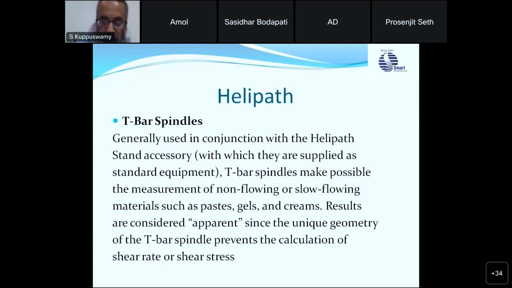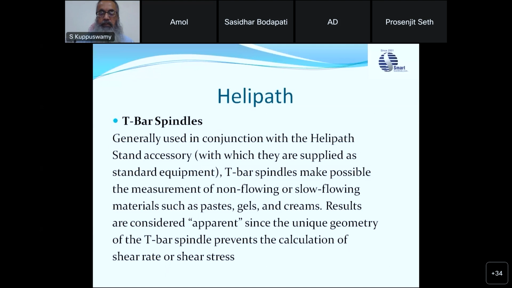When the channel is formed and the spindle is rotating in the channel, it is as good as rotating in the air. So there is no friction between the spindle and the sample. It rotates friction free, so it doesn't generate any torque to measure the viscosity.